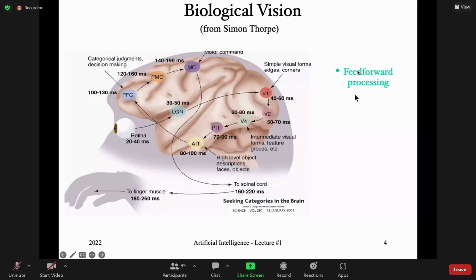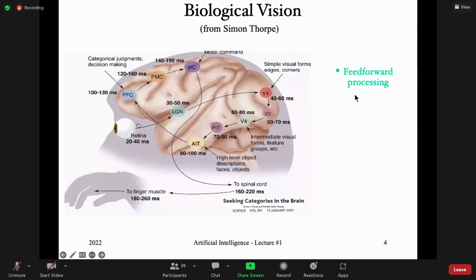So it means that it's a feed-forward processing. And to do all the calculation, for example to recognize different objects or to trigger some actions, it takes between 150 milliseconds and 200 milliseconds.